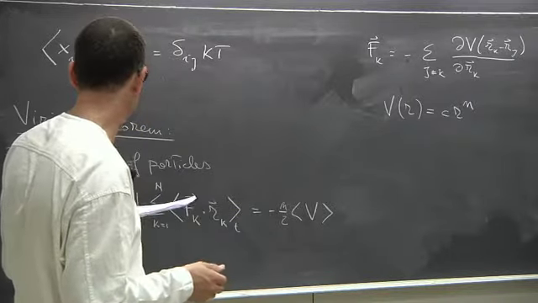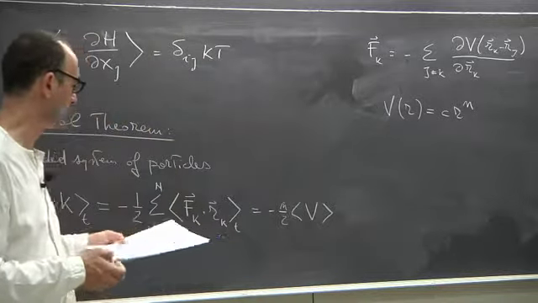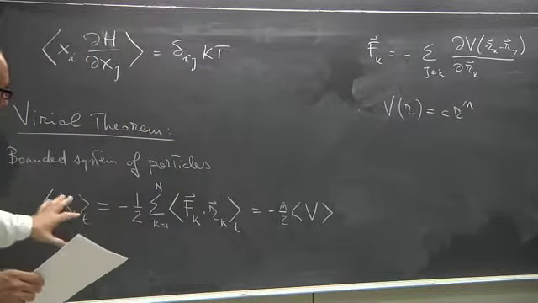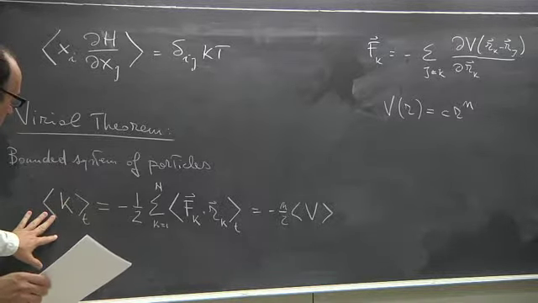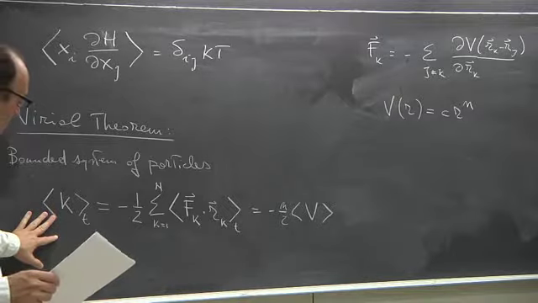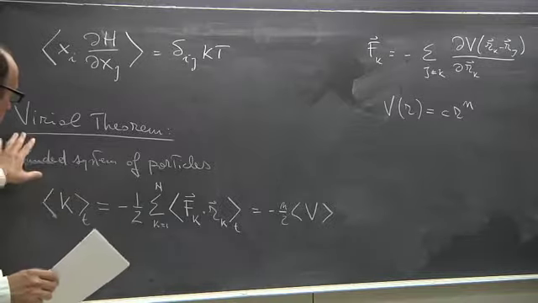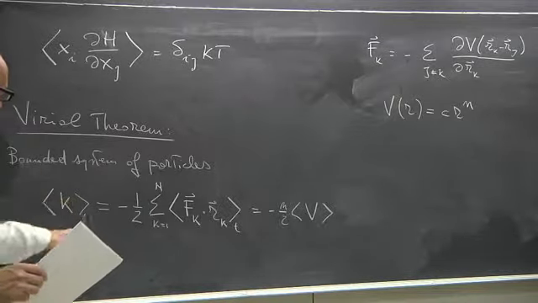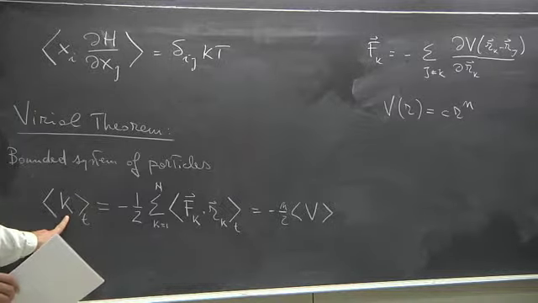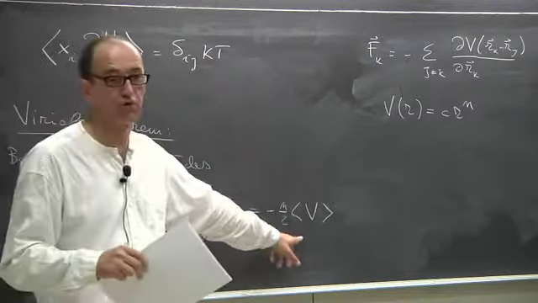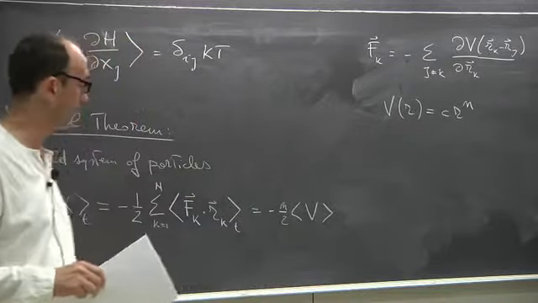The argument is not particularly complicated. But the main point is that this virial theorem tells you that if you are able to measure, for example, the kinetic energy, then you know what the potential energy is, okay?